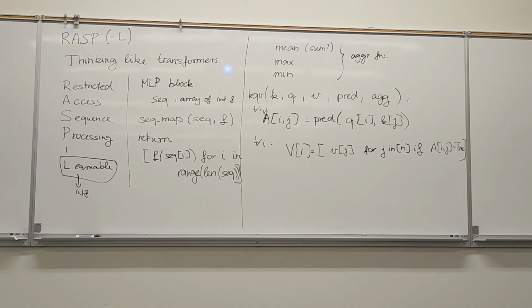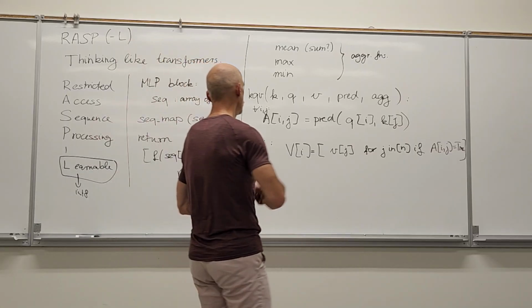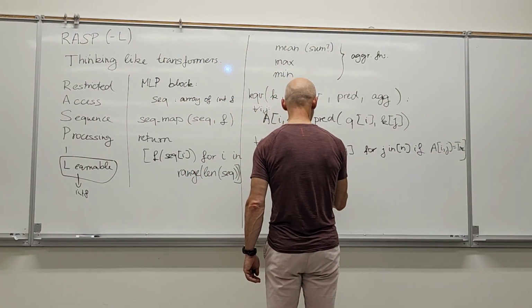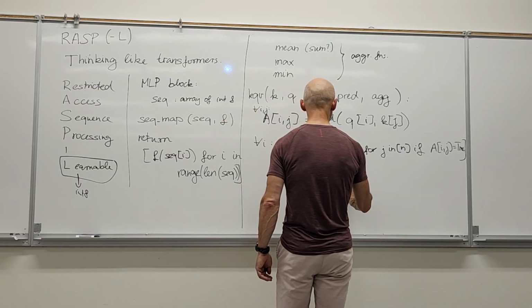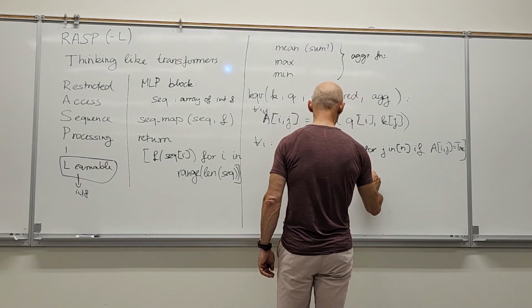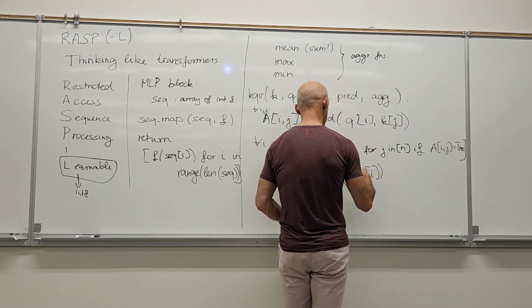And then the aggregation is going to be applied on the so collected values. So in the output, you put at position i the result of aggregation applied to this capital V_i. So you do this for all i again.